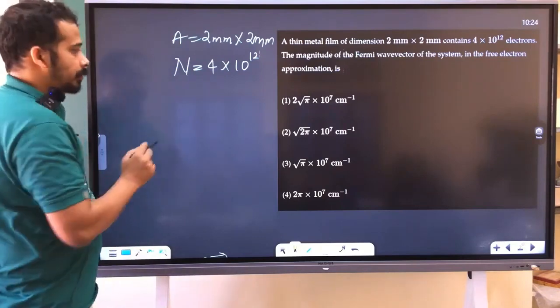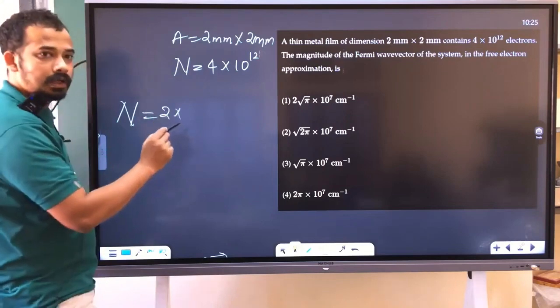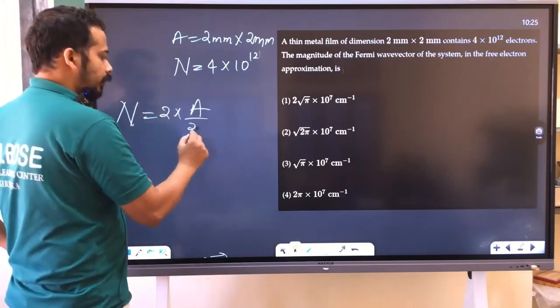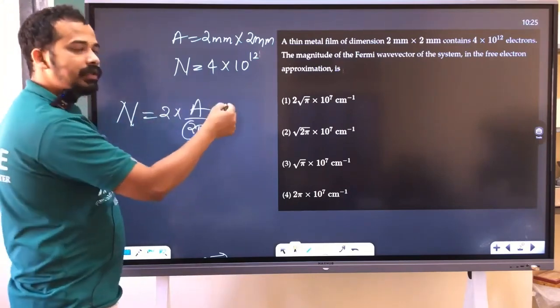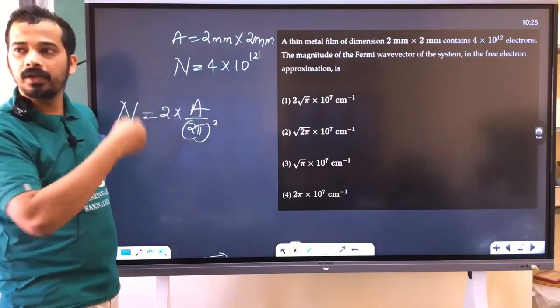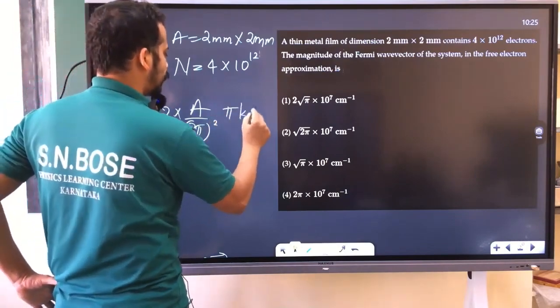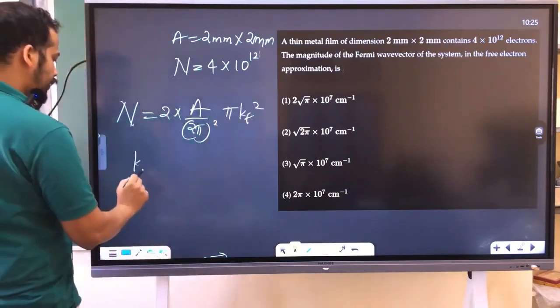Then what would you do? What I have written for 2 dimension: n equals 2 electron, but area divided by 2 pi the square, that d square of k should be integrated over the Fermi disk. That's equal to pi into kf square. I think this will give you a very quick answer.